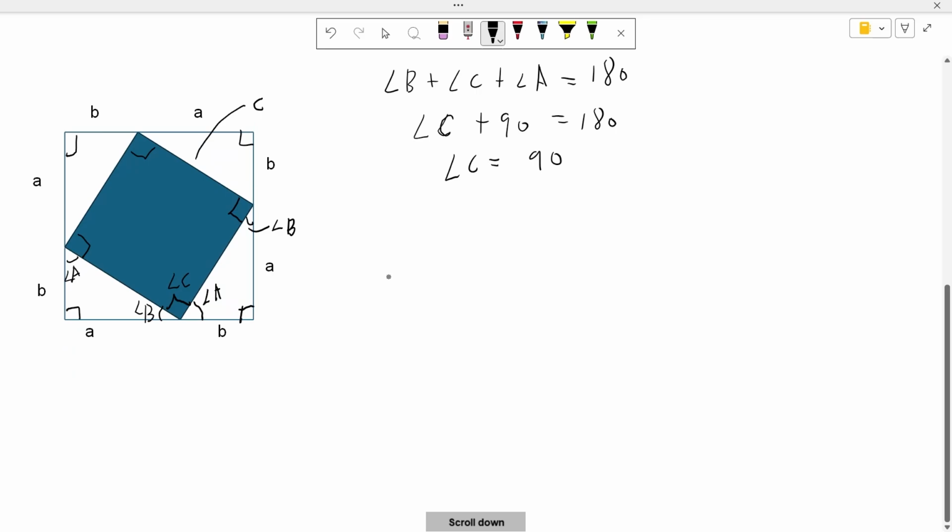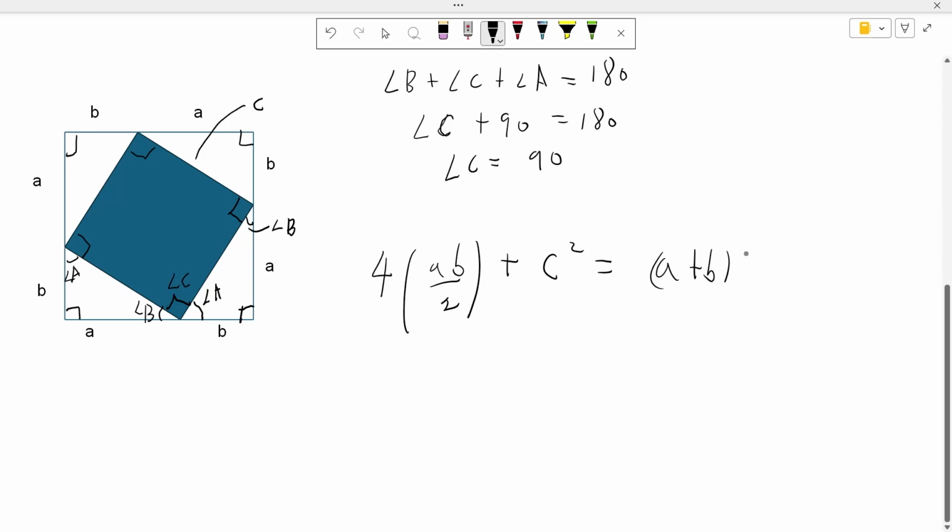So let's just do that. So we have four triangles, and the area of each of those triangles is simply a times b over 2 plus this rotated smaller square, which should be c squared, should equal the another way of doing it, which is a plus b times a plus b.